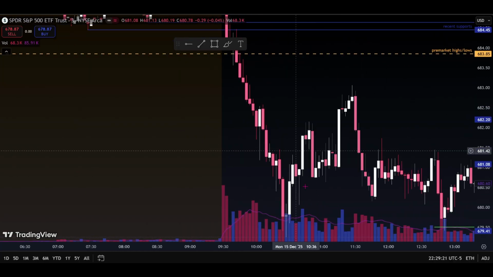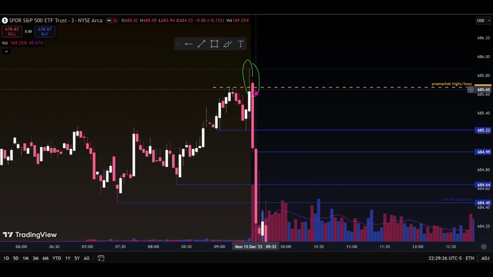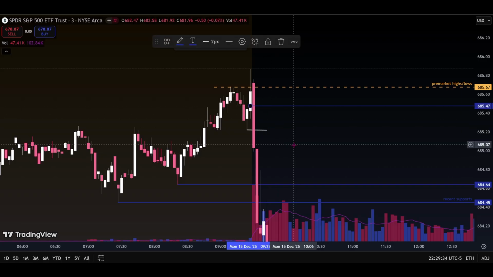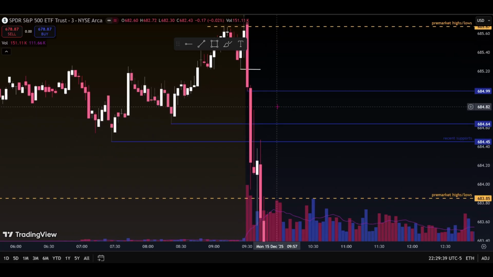So this was Monday. We shorted up here, obviously, but off a pre-market high. This white line or that blue line is a breaker structure. That breaker structure paired with this shows me okay, continuation. What do we do?